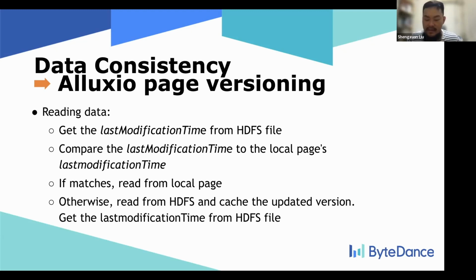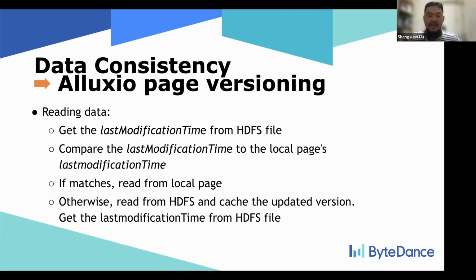Then we compare this last modification time to the local page's last modification time. If there is a match, we read from the local page. Otherwise, we read the HDFS file and download it to local, and we also update the last modification time in the local cache storage path.